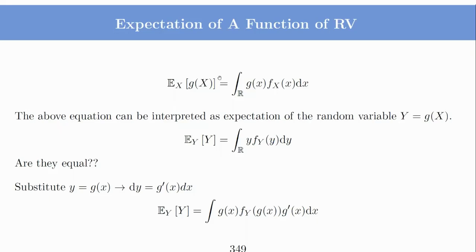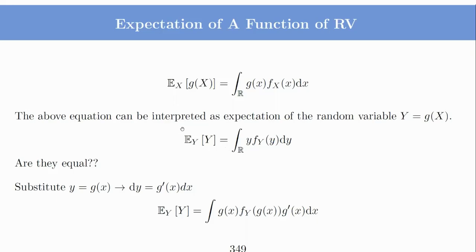Now, g(x) is y also. So if we know the PDF of y, then we can also calculate the expectation of y by integrating y over the PDF of y. So these two are both valid definitions. One comes from treating x as a random variable and computing the expectation of g of x.